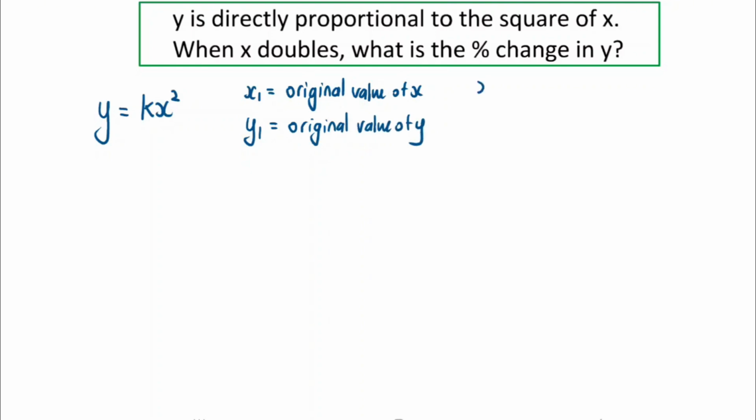Then next we'll have x2, which is the new value of x. This new value of x is the value of x when it doubles. So therefore this is actually about 200% of x1.